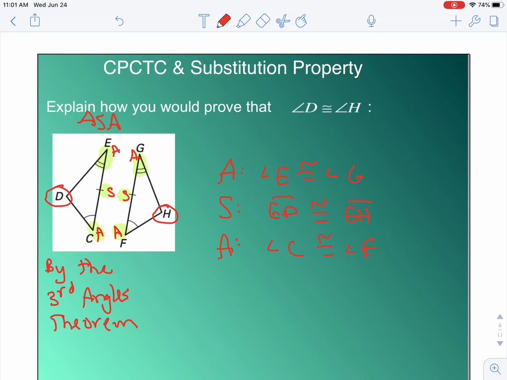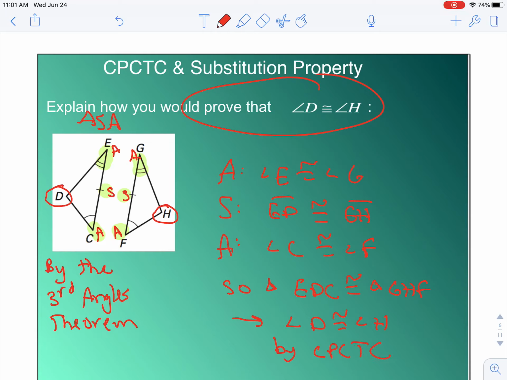So once I have that, now I know that triangle EDC is congruent to triangle GHF by angle, side, angle. So then that implies that angle D is congruent to angle H, which is what we were supposed to prove, by using CPCTC.